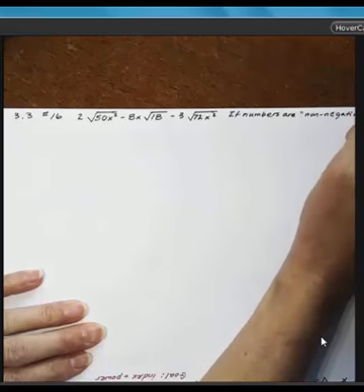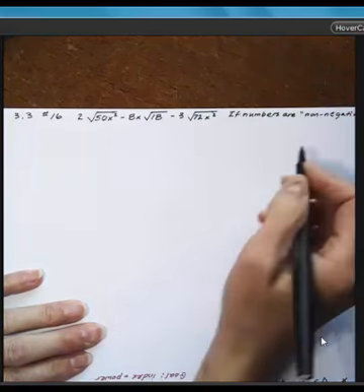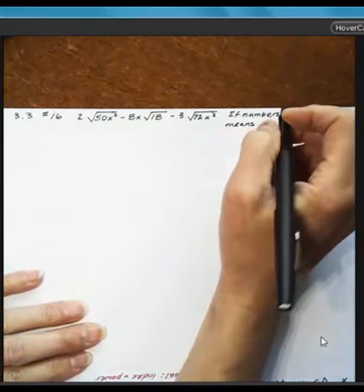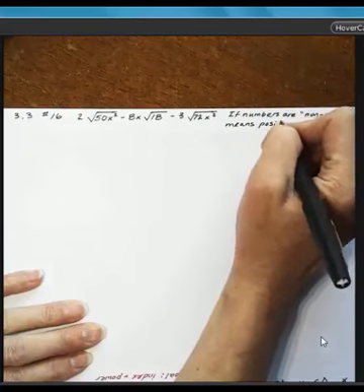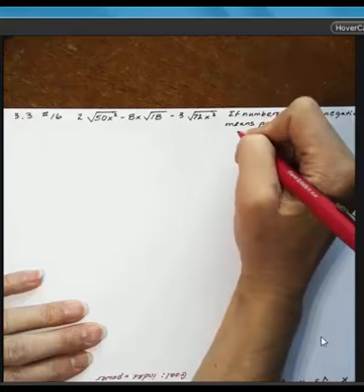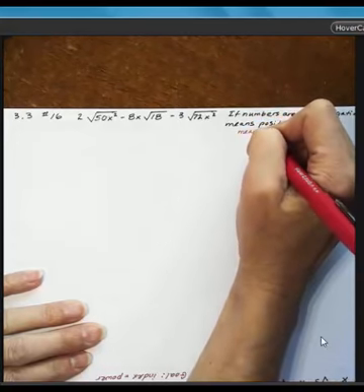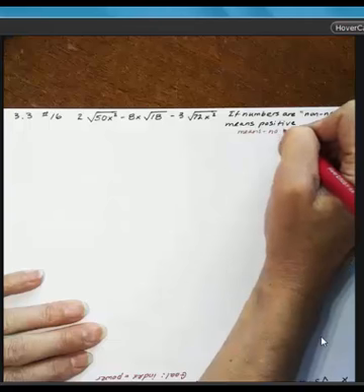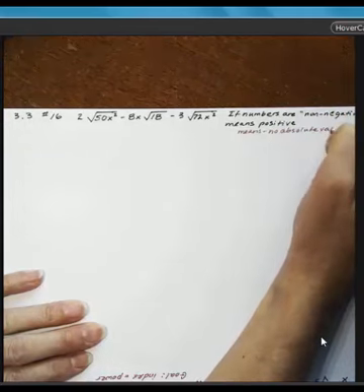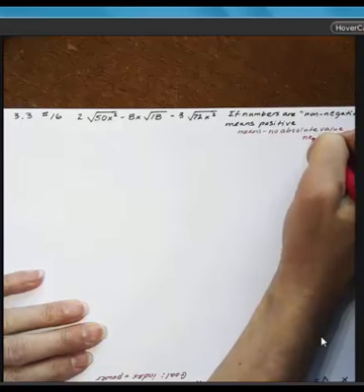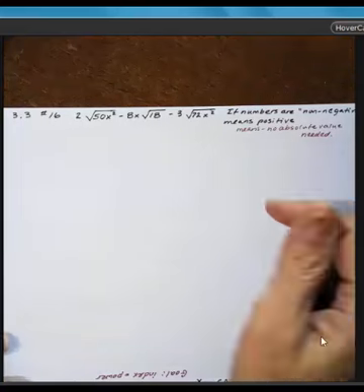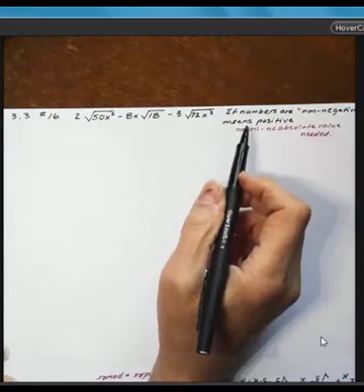It just says non-negative means positive, which means no absolute value necessary. So that's a good thing. We don't have to worry about whether they're positive, negative, or whatever we're doing. Okay, so now I'm going to go back.